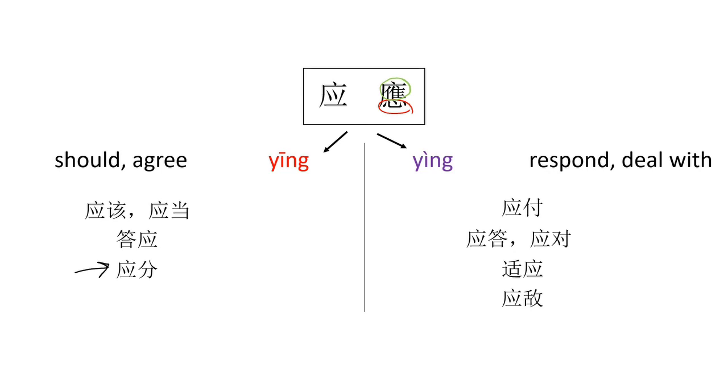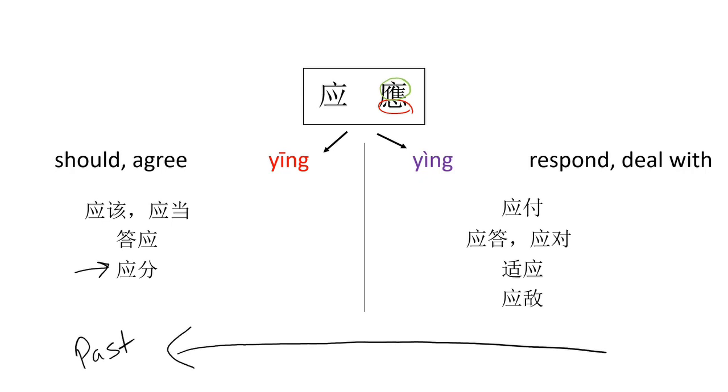So if we ask ourselves what the connection and differentiation between these two pronunciations would be, I would say it's something along these lines. If we take a timeline where this is our past and this is our future, then these first tone ying situations are before a certain fact.